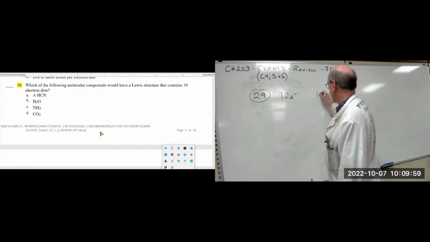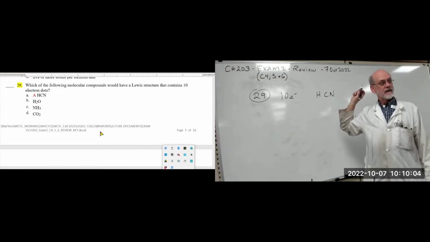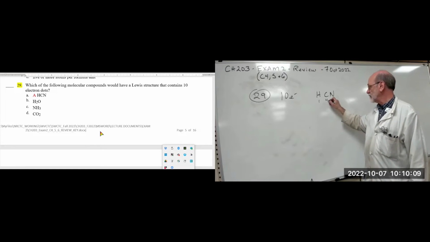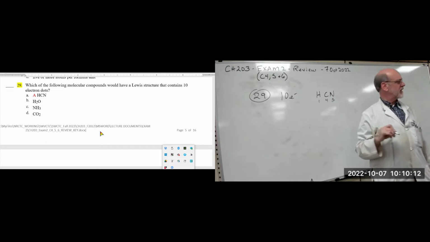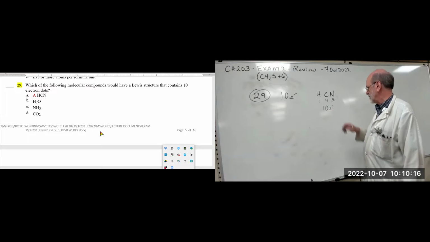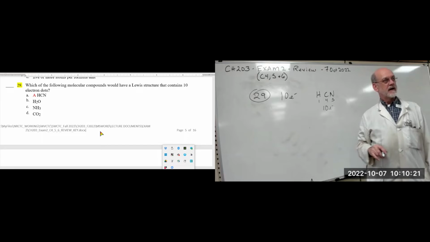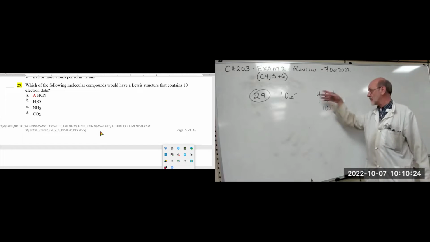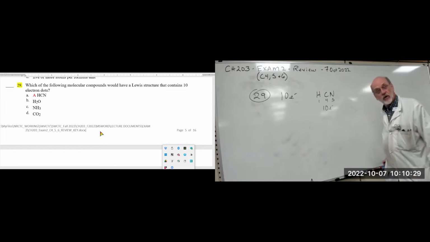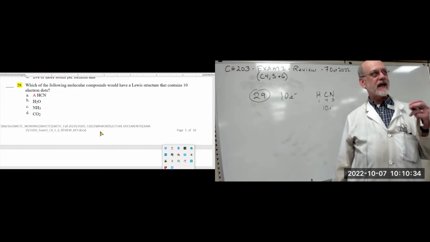If we're going to do this one, what do you do first? Add up the valence electrons, right? Okay, there's 1 there, 4 there, 5 there, I think. Yep. Okay, so that's 10. Well, that's the answer. You don't even have to draw the structure. It's going to have 10 electron dots somewhere, right? That's another goal of taking a test: get the right answer as quick as possible.